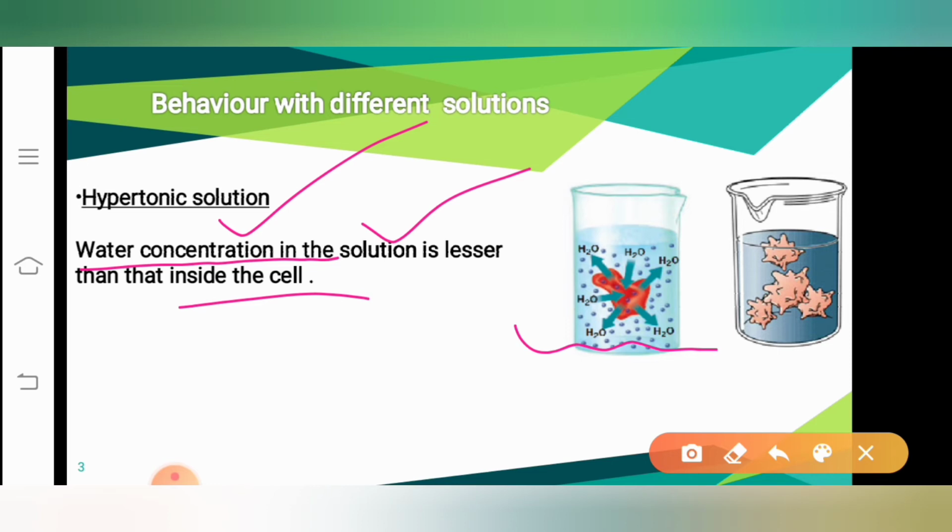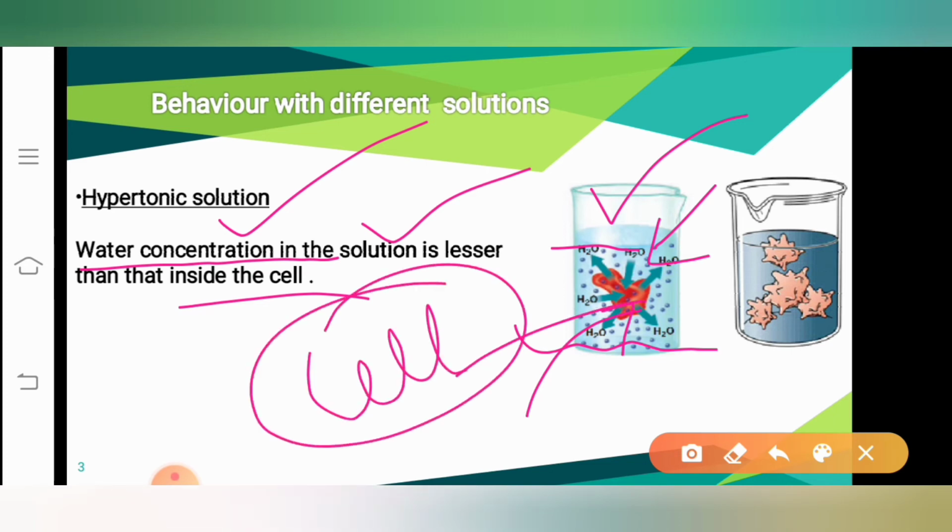So now what happens in this case is, let us think of this as our hypertonic solution. As I told you, the concentration of water in the solution is less compared to the cell. Now the cell is having more water compared to the solution.